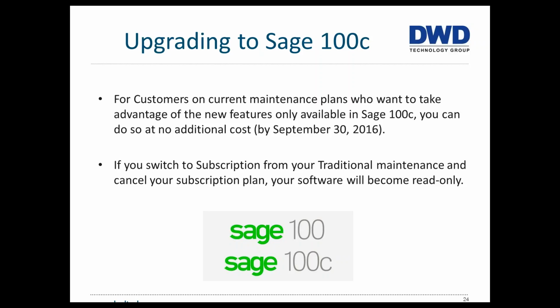If we get past the end of this month, Sage does have a conversion fee that they tack on to your maintenance, but right now they are in a position where they are not charging that additional fee.